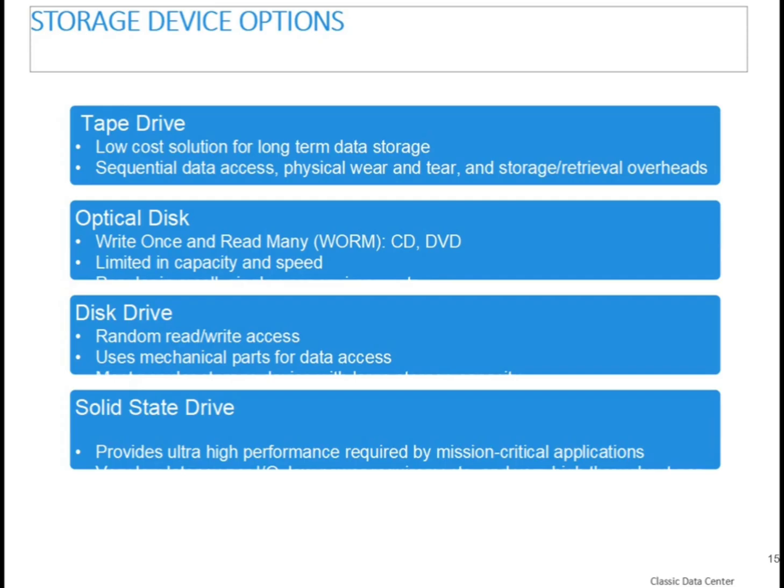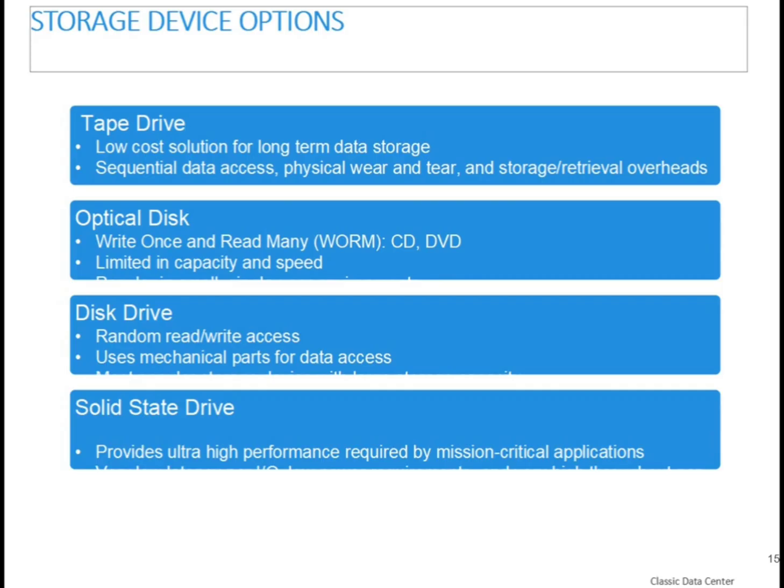Next, the tapes are a popular storage option for backup purposes because of their relatively low cost and transportability. However, tape has its limitations. Data is stored on the tape linearly along the length of the tape.